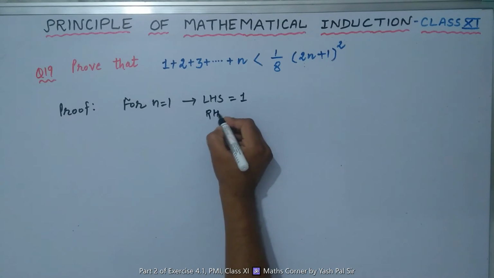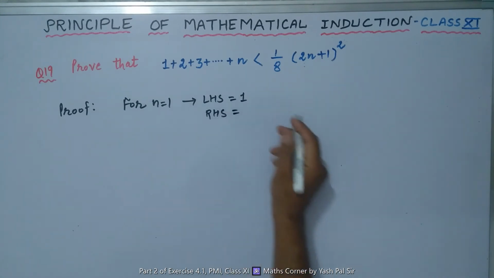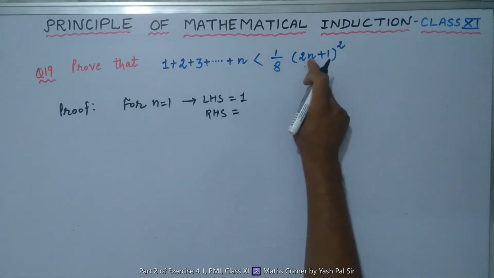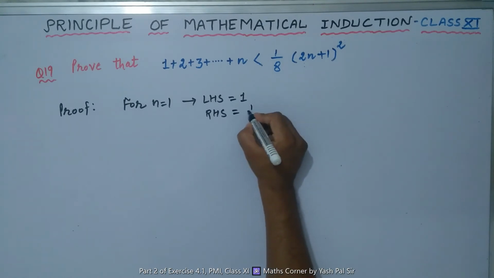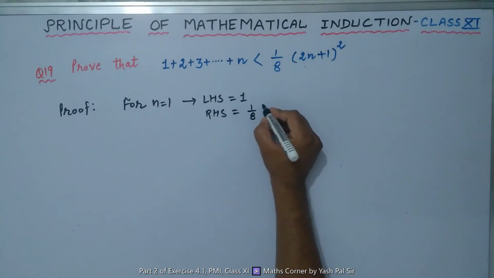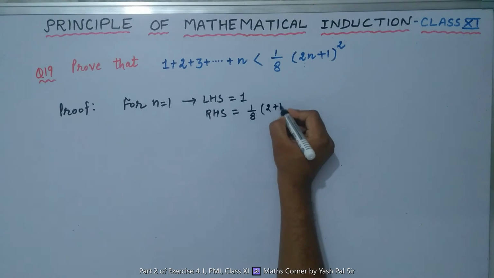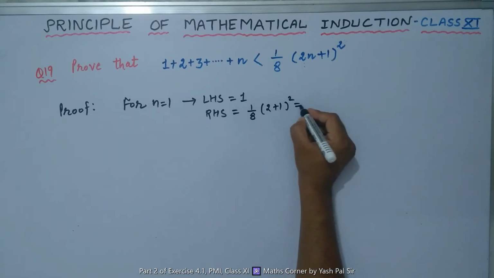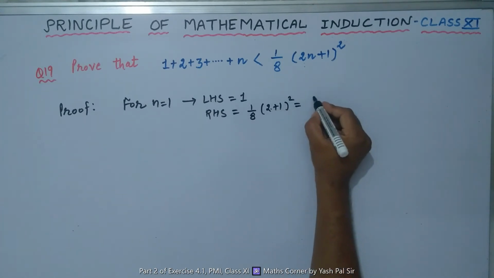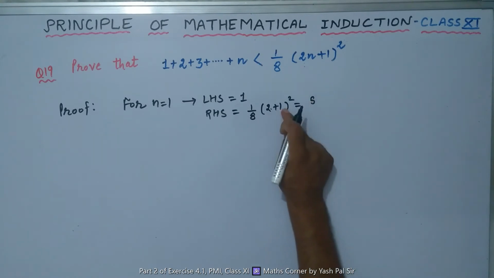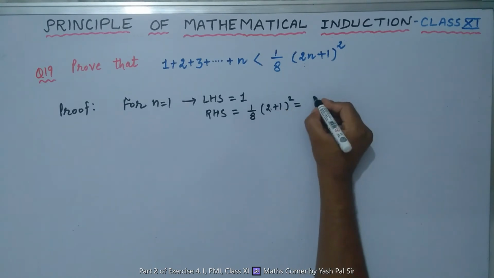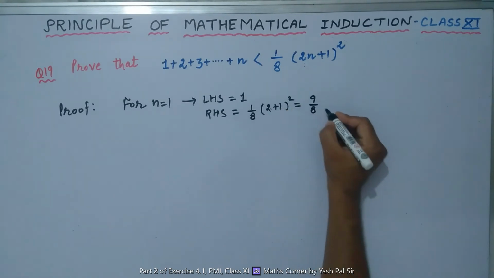And what about right hand side? In right hand side, we put n is equal to 1. 1 upon 8 into 2 plus 1 whole square, that is 3 whole square, 9 upon 8.